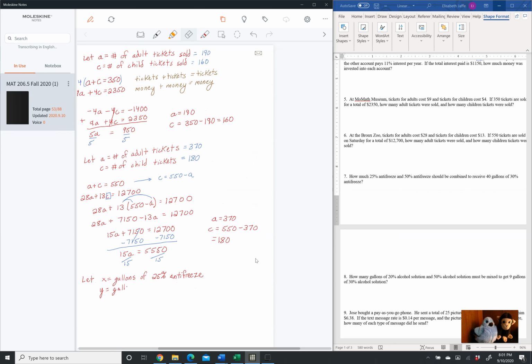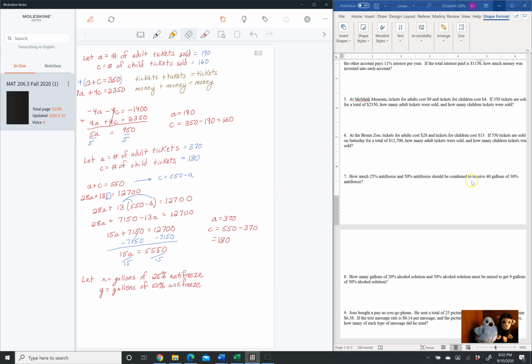So nothing really changed, right? Y is gallons of 50% antifreeze. We're doing number 7. Okay. 8 would just be 20% alcohol solution, 50% alcohol solution.